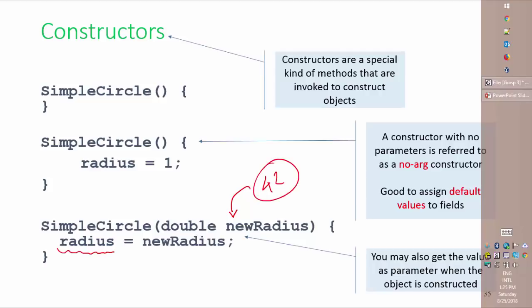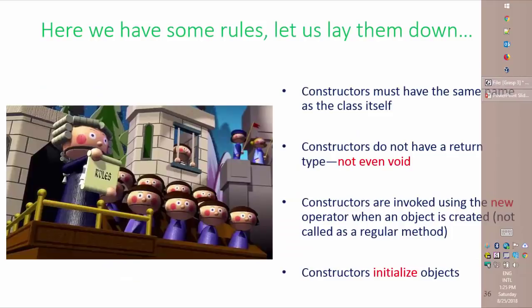The easiest way is to say my constructor is going to have a parameter. I name this parameter just like I would name any parameter for any method. Remember, constructors are really methods. And then when I call the constructor, I pass the value 42, and this value that is passed as a parameter is going to be used to initialize my field radius. These are the three types of constructor that we are going to encounter in this module.